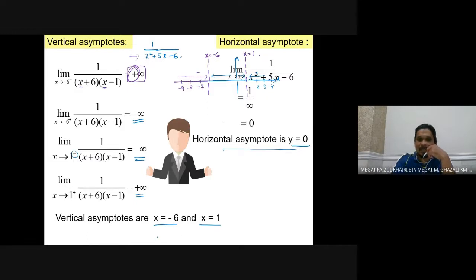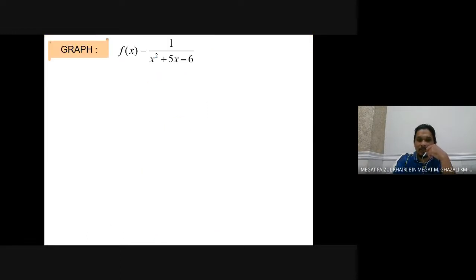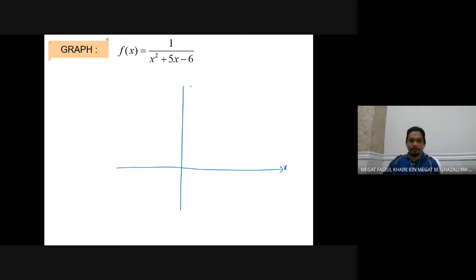Okay, now it's time for us to sketch a graph of this. I prefer to sketch it live here with you rather than just click the button. Hope this graph is clear to all of you then. Okay.